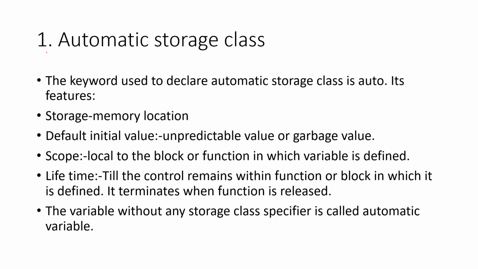Auto storage class: the keyword used to declare the automatic storage class is auto. Its storage is a memory location. The default initial value is an unpredictable or garbage value. Scope is local to the block or function in which the variable is defined.